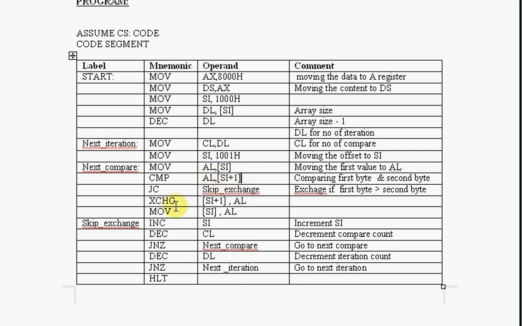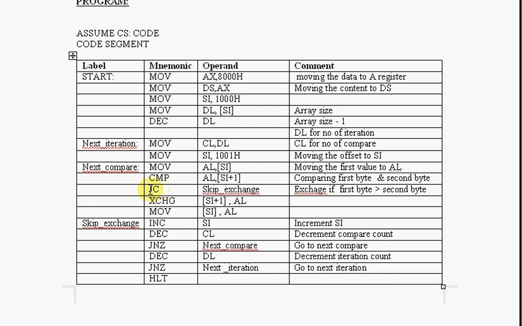If there is no carry, then you have to exchange it. If there is a carry, you can skip the exchange. It is quite straightforward. Suppose there is a carry, it comes and skips these two instructions. Otherwise, if no carry, then these two instructions are executed, then it proceeds further.